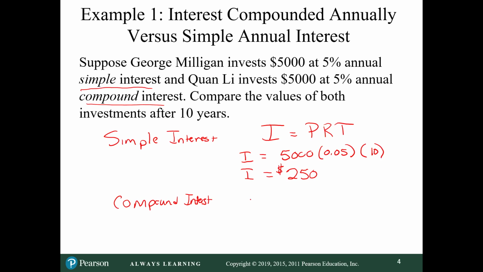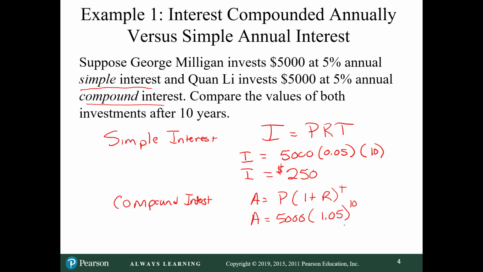Compound interest: the amount that you have in the end equals the principal times 1 plus the rate, to the time power. So it would be 5,000 times 1.05 to the 10th power.